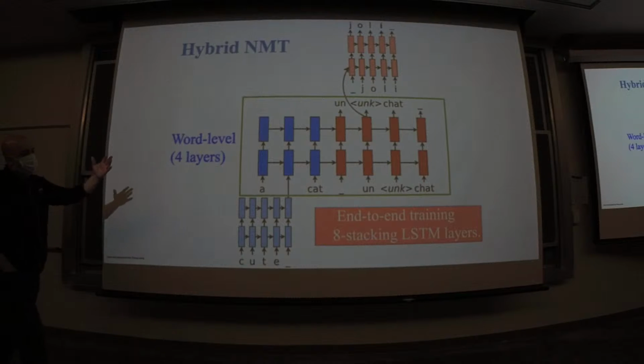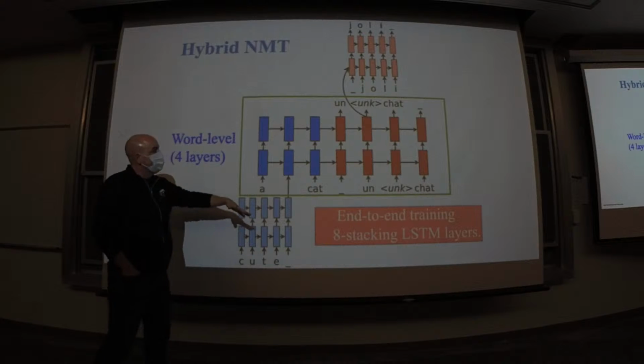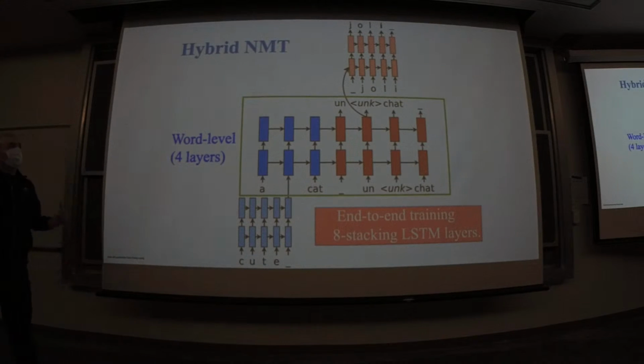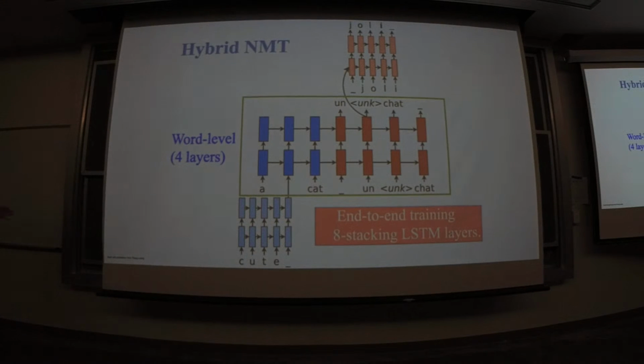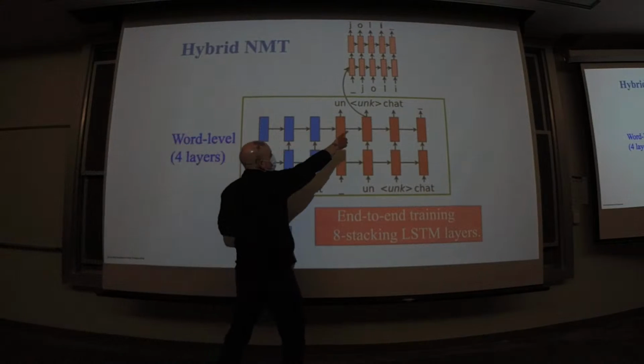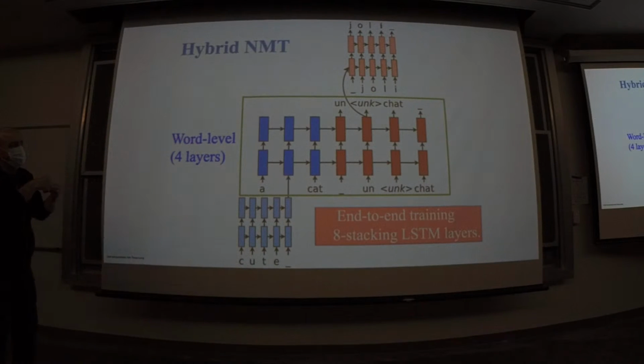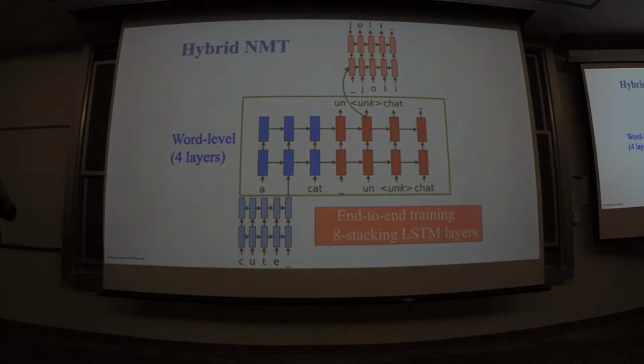This is probably not a bad example: jolie and cute are pretty well known. But the idea is that you have another system that's just learning to do these kinds of translations of the tokens that become unknown, at the character level.